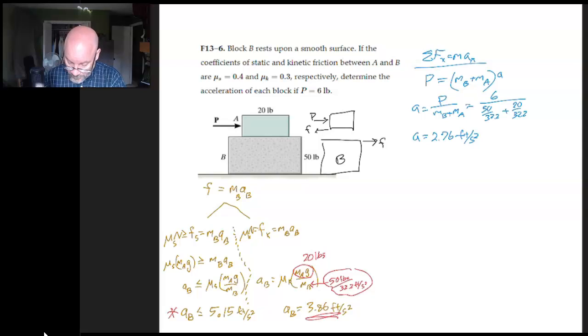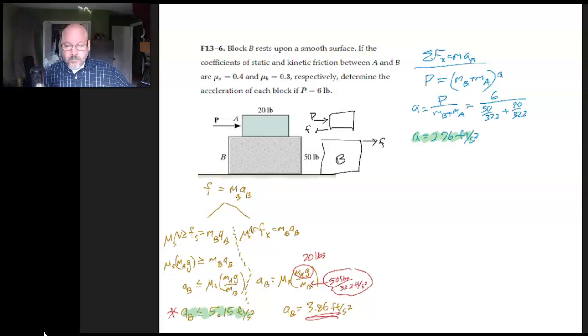So now we can compare. The stuck together is smaller than the max that the static friction can provide. So in our scenario here, yep, if we push with 6 pounds, both blocks are going to move together. Both blocks are going to have 2.76 feet per second squared of acceleration.